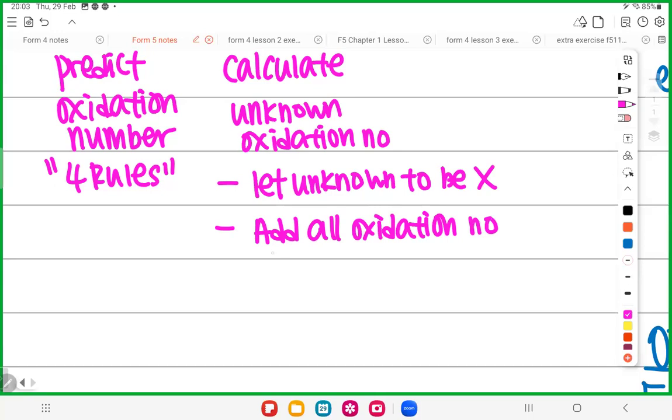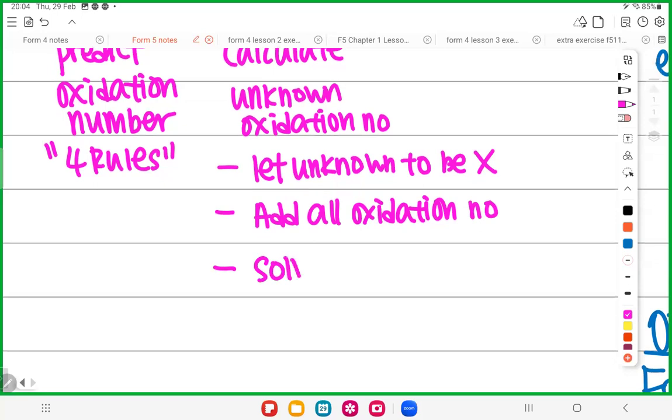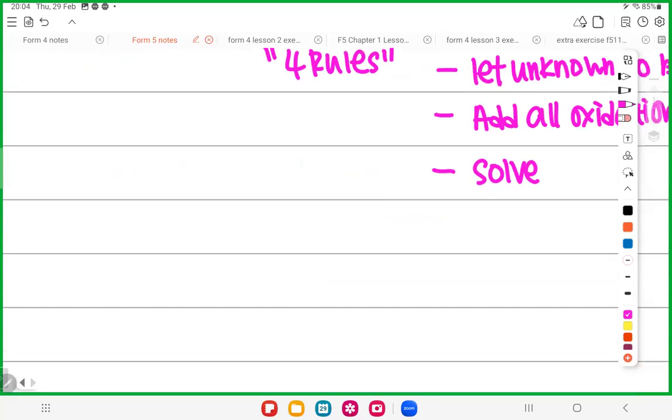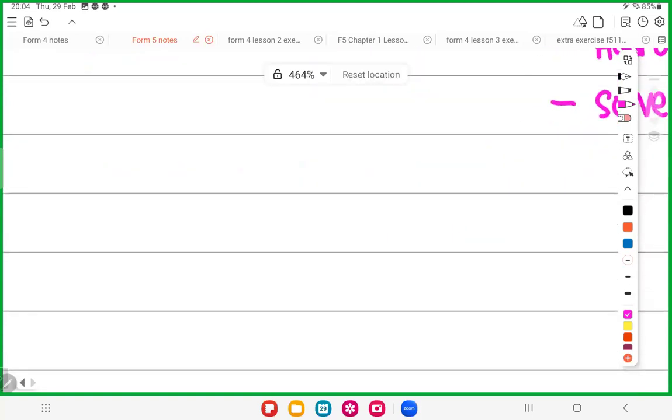When you add them together, you need to do multiplication. You need to multiply it. Then lastly, we need to solve the equation to find the unknown. We use 2 examples as a quick revision.